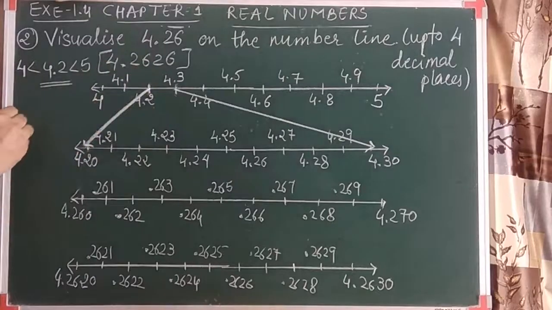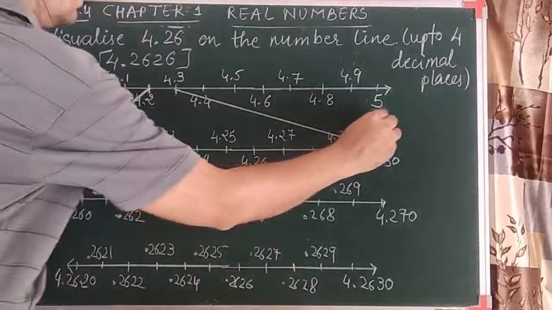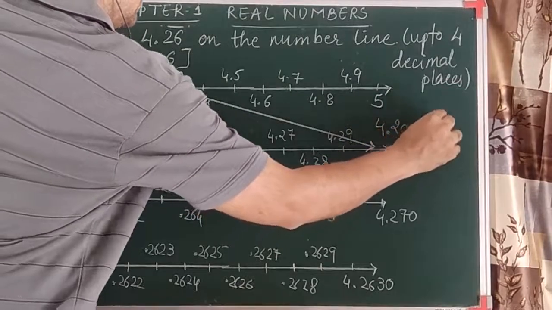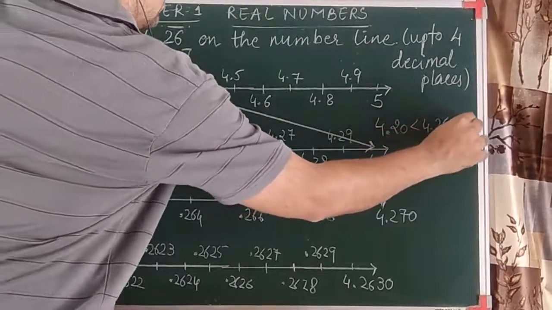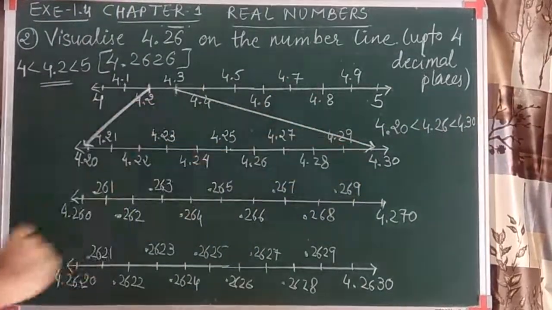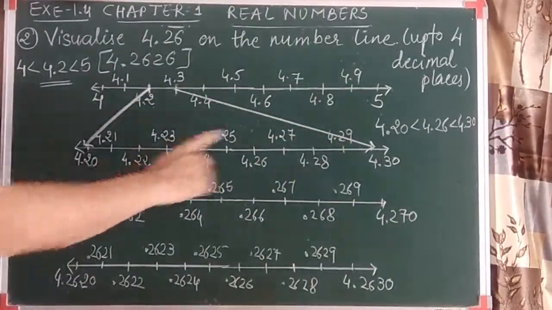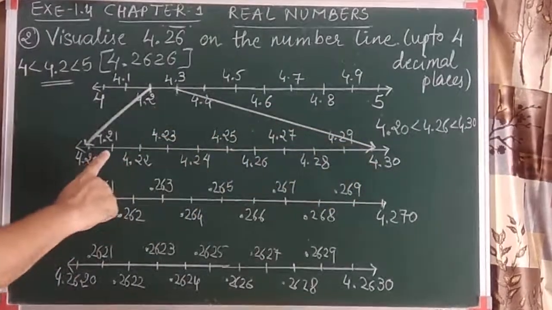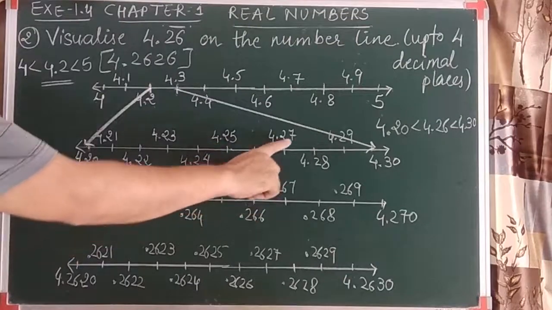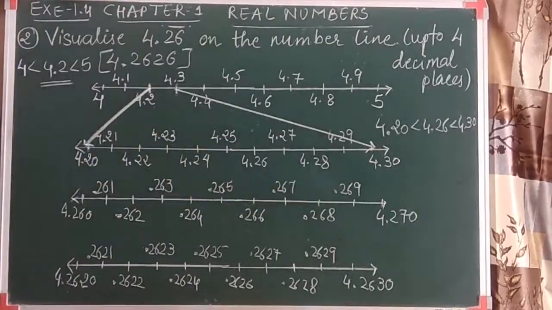As we discussed, 4.26 lies between 4.20 and 4.30. So I have written 4.20, 4.30. Again 10 divisions: 4.21, 4.22, 4.23, 4.24, 4.25, 4.26, 4.27, 4.28 and 4.29.